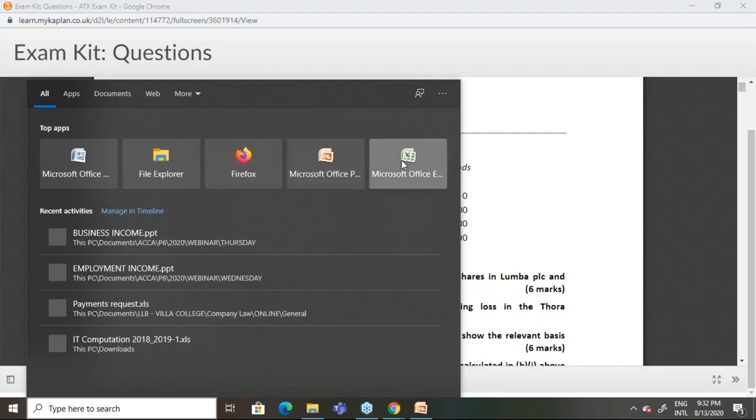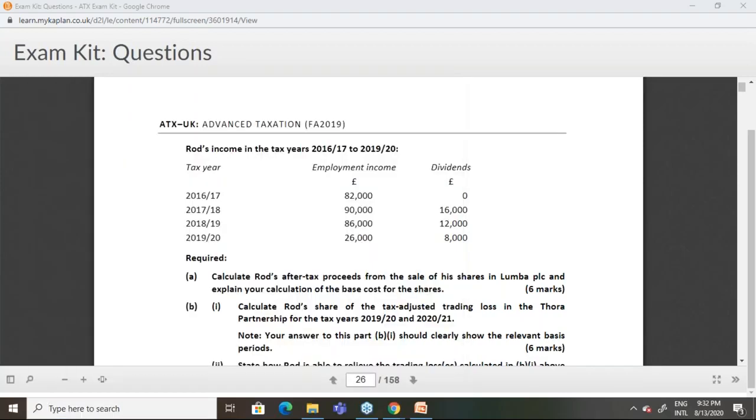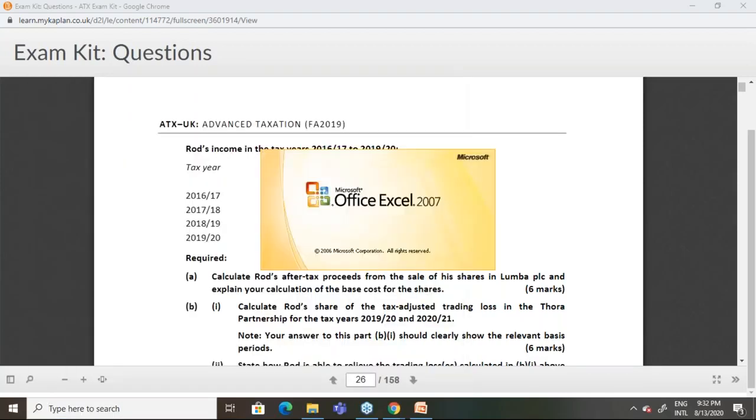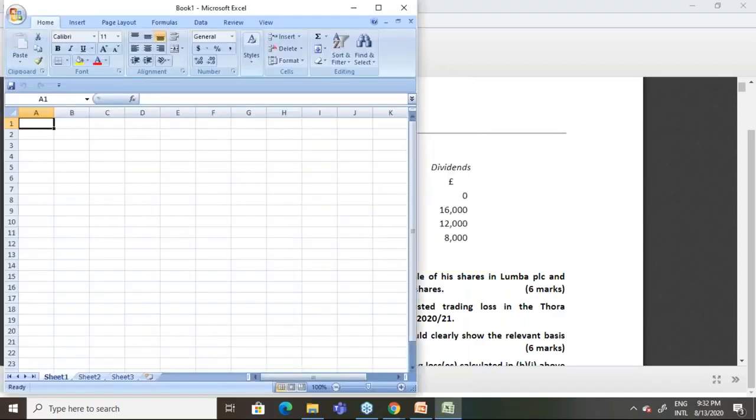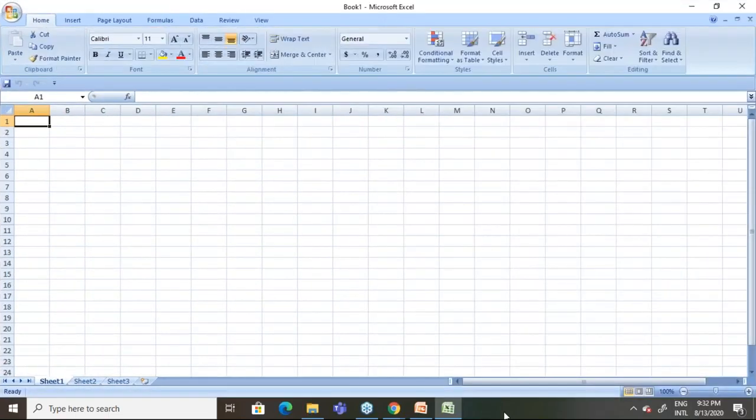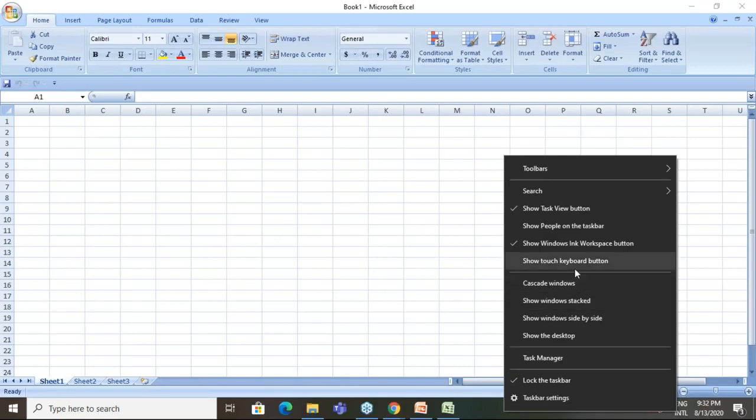Again, I will remind you that I'm going to use Microsoft Excel. However, you will also be given a spreadsheet at the exam, and that spreadsheet will be a little different from the Microsoft spreadsheet, as most of the features available here will not be available there on the platform that is provided to you at the exam.